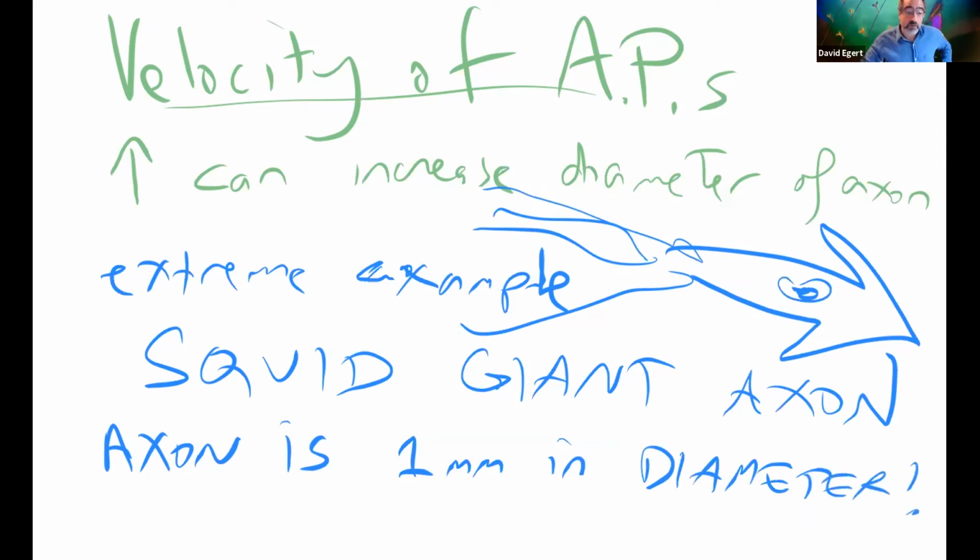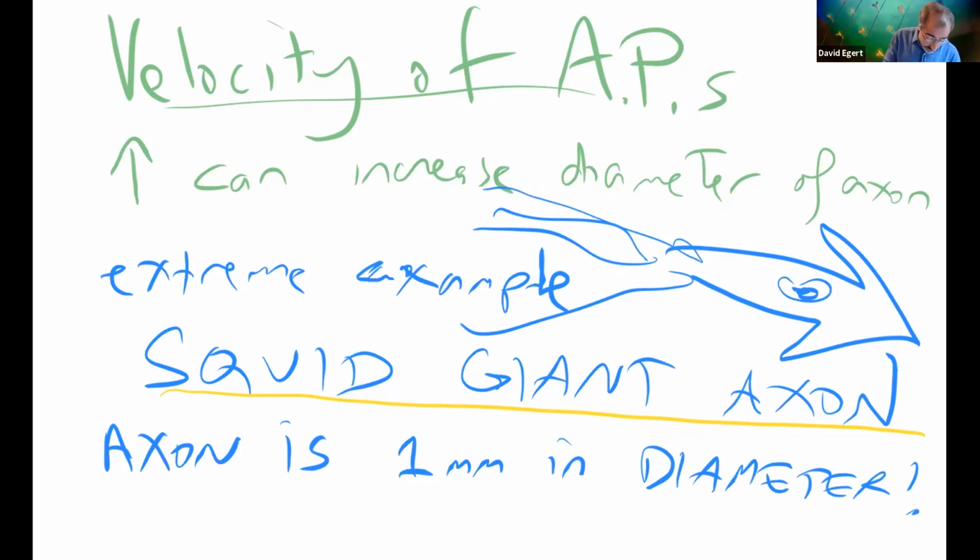Really, really wide. I should mention, I remember when I first was learning about this, I was thinking it was a giant squid or something. This is just like your calamari squid, the little bitty squid, but it has a giant axon. The reason why the squid giant axon was so critical for us understanding this is how the guys who first discovered this actually were able to discover all the stuff we're talking about.